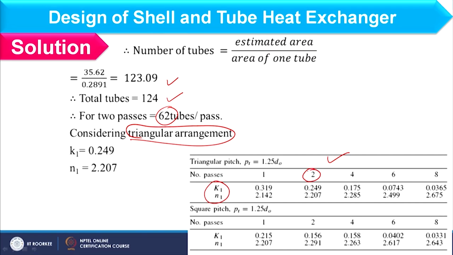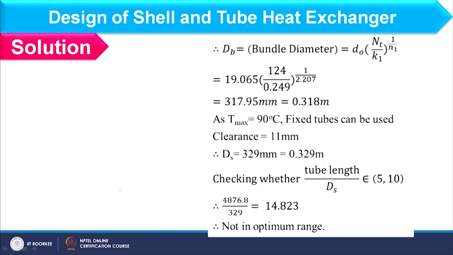I am having 2 pass and triangular pitch, so the K1 and N1 values you can consider like this, which are also shown over here. If I have the K1 and N1 values, I can find the bundle diameter considering D naught of the tube, and that calculation gives a bundle diameter of 0.318 meter.